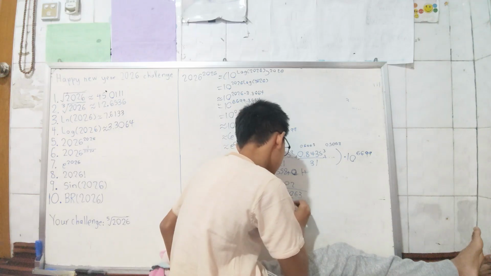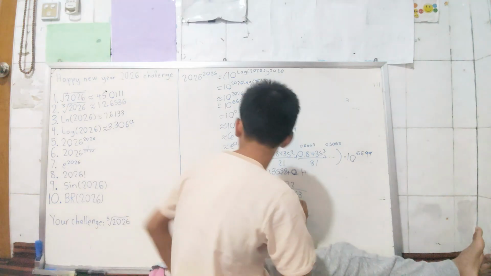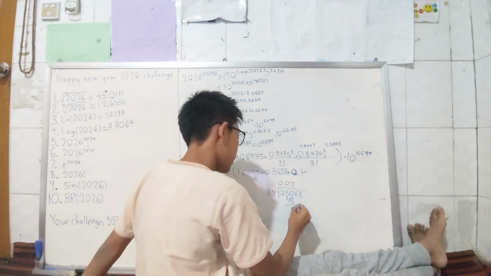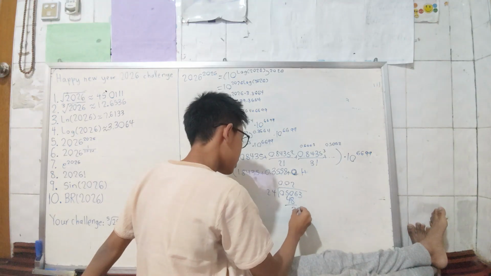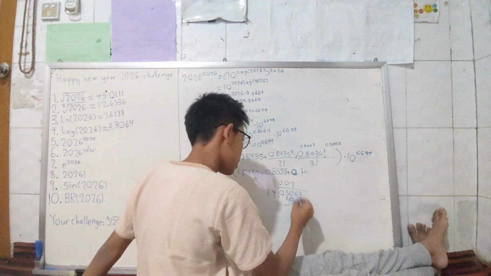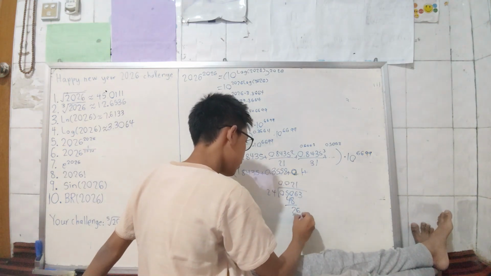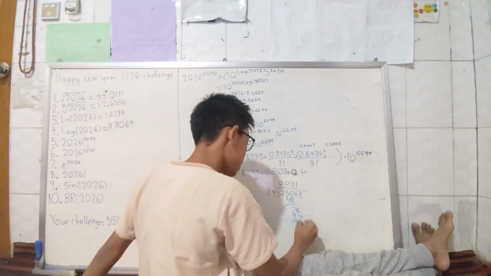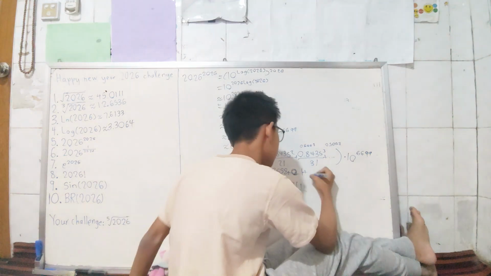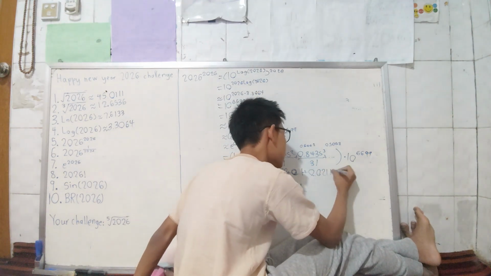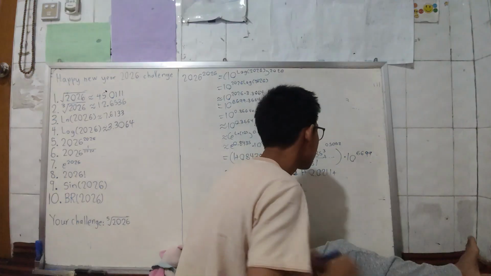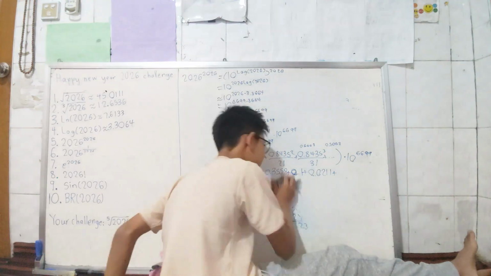That's going to be 48. Okay. And then 2, 6, 2, 1, 2, 4, 2, 3, 1, 0.0211, and then we multiply it again.